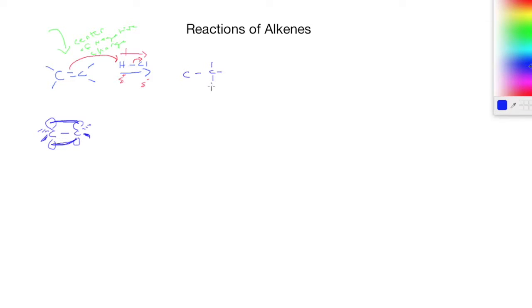Here we have the hydrogen, and at this point we now have a positive charge here because this carbon only has 3 bonds, right? So only 3 bonds that are here, and so this is a carbocation.